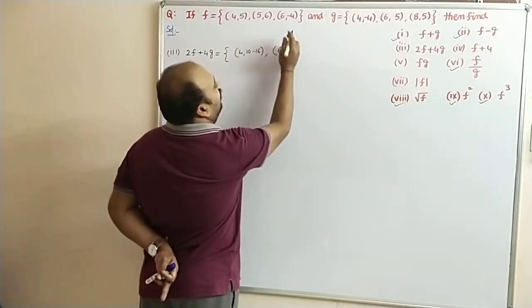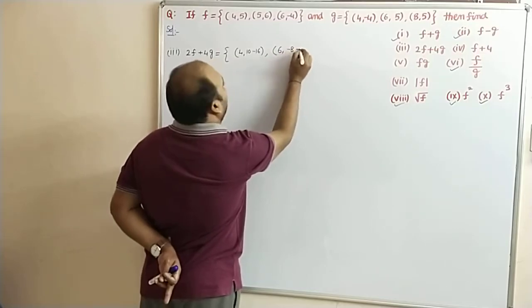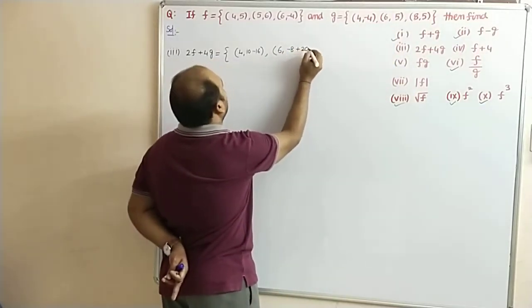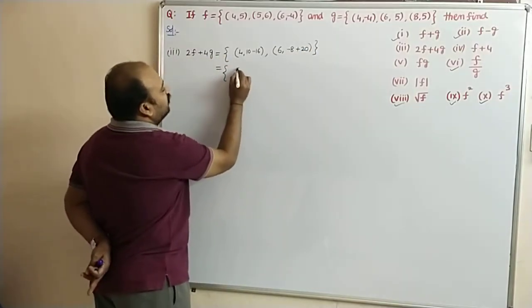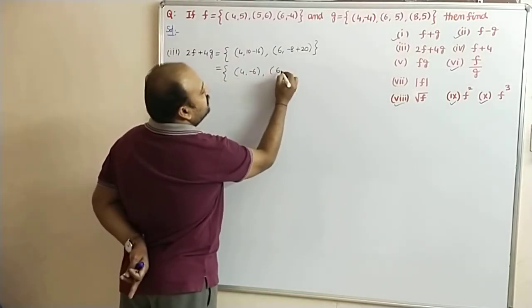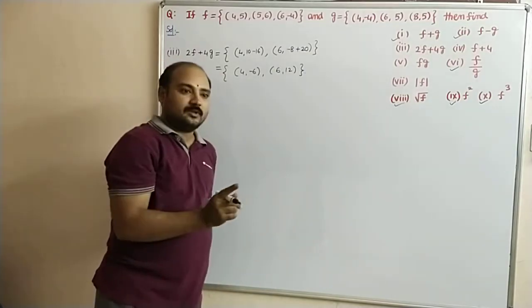Next 6 comma 2 into minus 4, minus 8 plus 4g. For 6 here, 4 into 5, 20, which is equal to 4 comma minus 6, 6 comma 12. Are you able to see? One minute.